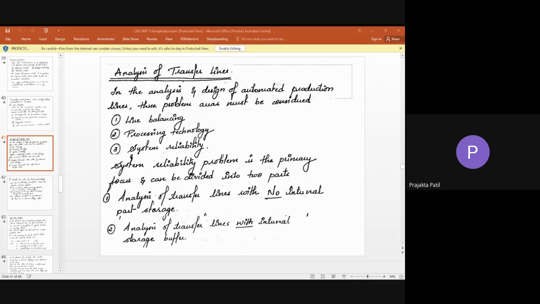Now coming to the point of our concern, that is the system reliability. The system reliability problem is the primary focus here, and it can be divided into two parts. Before we proceed to the two subdivisions under system reliability, let me brief you about this third problem we face, the problem of reliability.